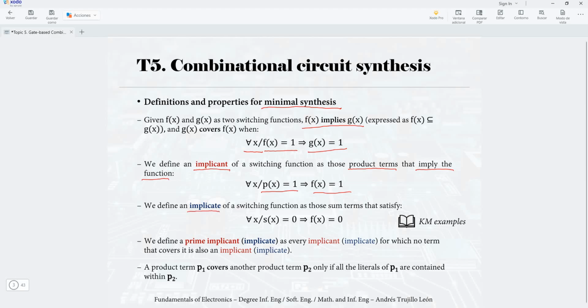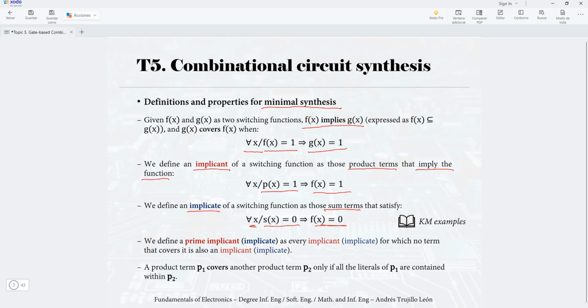Remember that we have in the Boolean algebra dual expressions. So if the implicant is the product term for which the function is 1, the implicate, be careful because the words are really similar, the implicate is going to be the sum term such that if the sum term is 0 for a certain combination, the function is going to be 0.